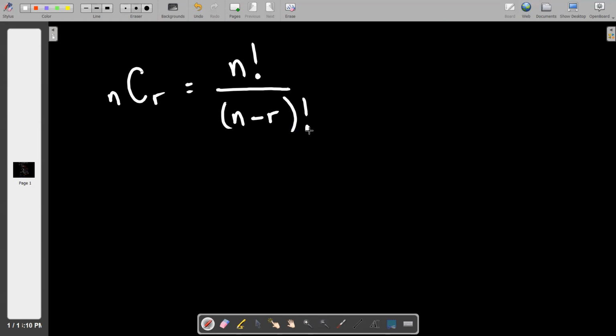That is a little nCr, and don't worry, this is going to make more sense here in a minute, I promise. nCr. So that's a little lowercase n, big capital C, and then a little subscript lowercase r. So the n's and the r's are like little subscripty guys. And then to calculate nCr, what you do is you take the factorial of n on top, and then you take a factorial on bottom, but it's of n minus r.